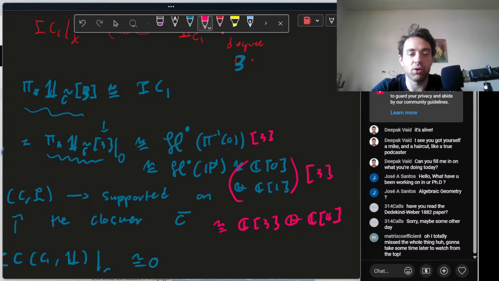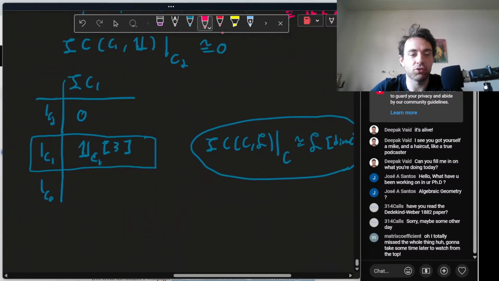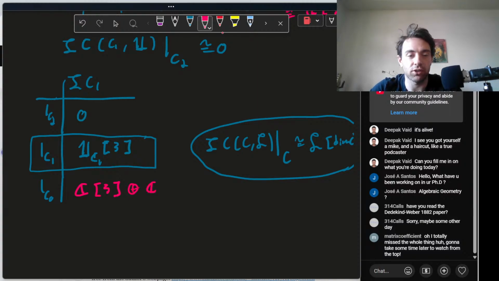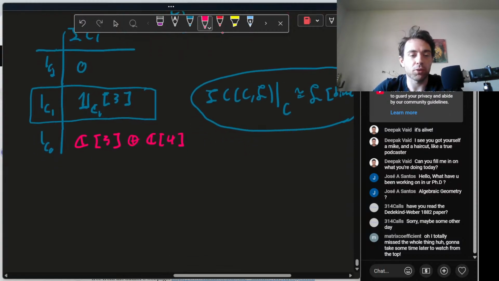And now here's where things finally get interesting, and this highlights an example of what I mean by perverse sheaves detect singularities. The other perverse sheaves were totally trivial to compute, right? IC0 was just the skyscraper sheaf at 0 in degree 0.